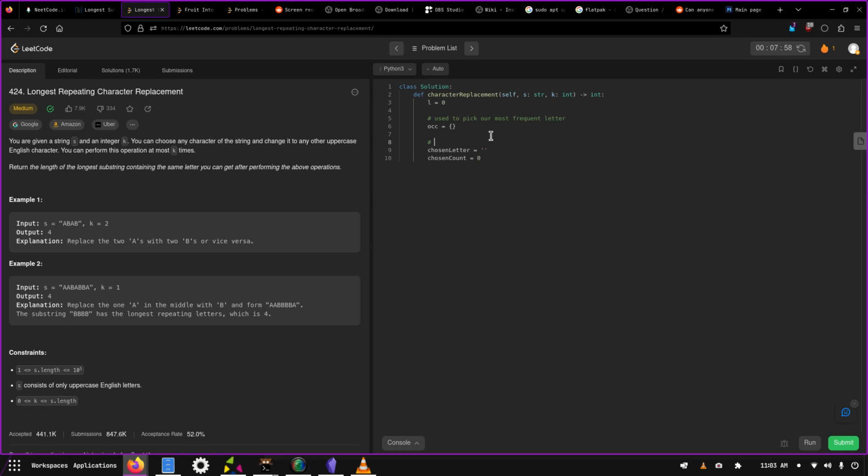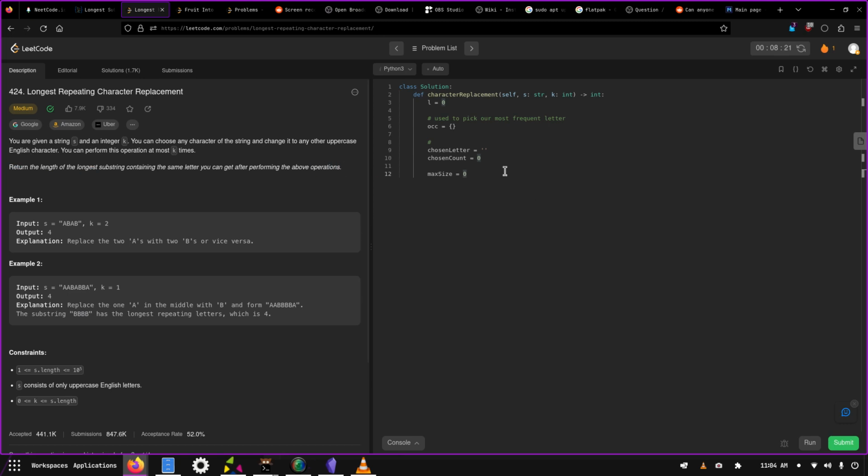Other things we might need to keep track of. Max size is equal to 0 because that will be our thing we're returning, and that's going to be the longest substring containing the same letter you can get after performing the above operations.